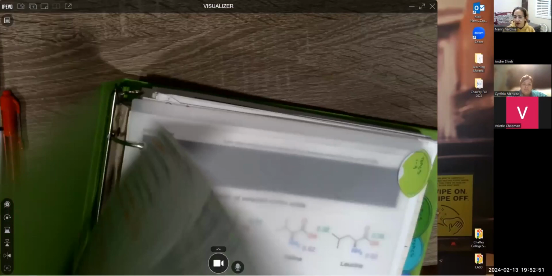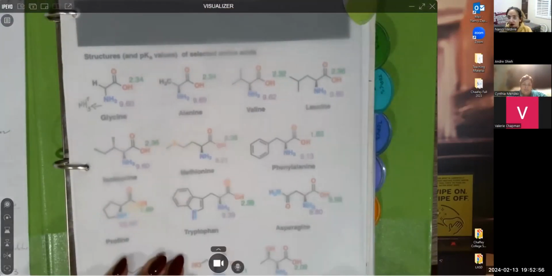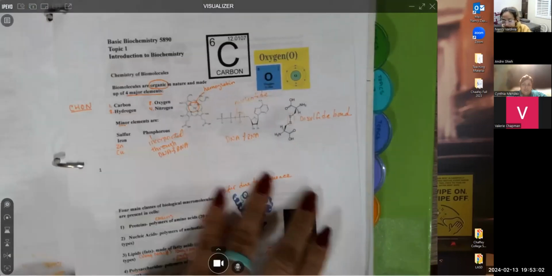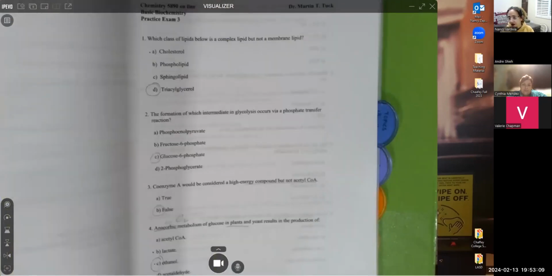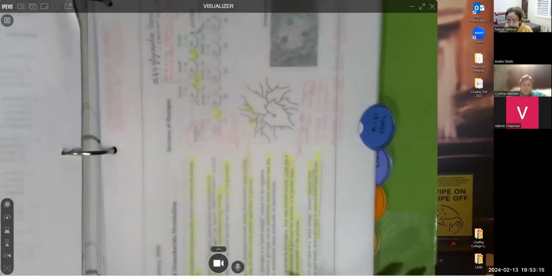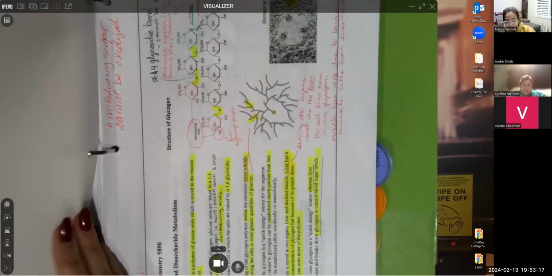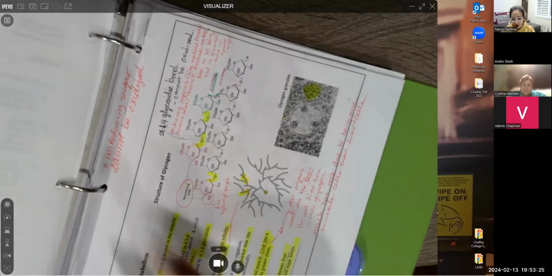So here's an example of one of the classes that I'm currently taking. I print out my sheets and I put them out here in the front, but I also print out all my PowerPoints. Then I watch the video lectures and take all my notes on the PowerPoints that I have printed out. Practice exams, everything, I print it all out. I know it can be a hassle sometimes, but everybody learns differently, right? If this is something that might help you, I like to share that technique.